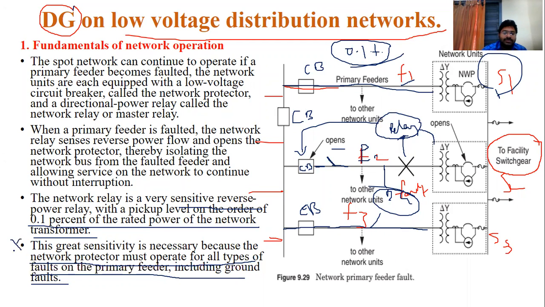This is the reason we tune this relay to very sensitive levels: for any type of fault, including earth faults, if the relay senses it, it gives the command to the circuit breaker and it will operate.